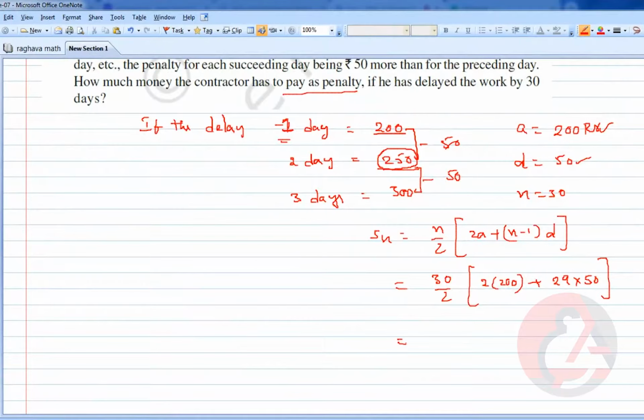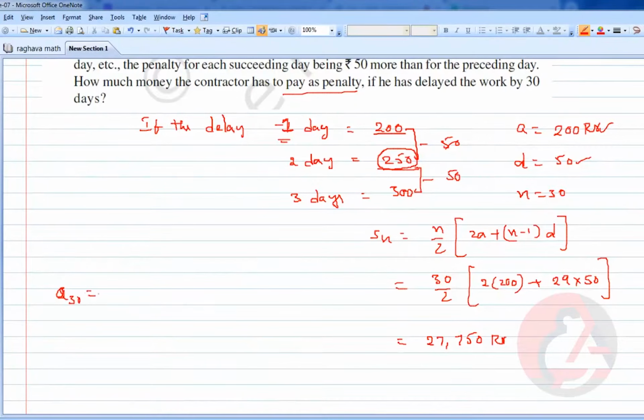What is the answer? How much do you have to pay? Sir, 27,750. Yes, 27,750 rupees. The previous answer found by someone, which we already discussed, is A30.